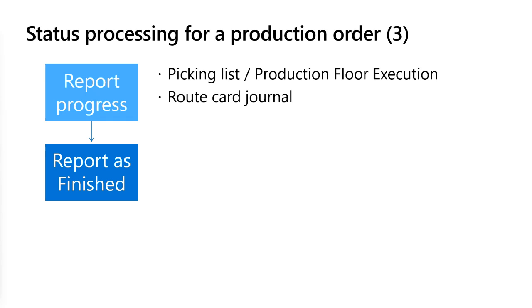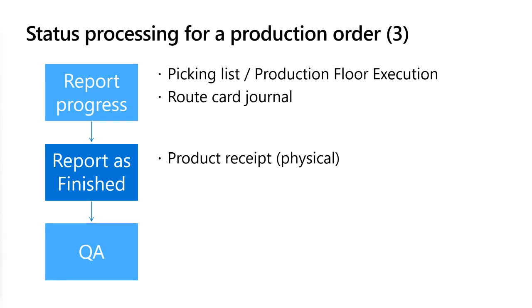The next step in the production flow is potentially a report as finished. This is the production receipt that is then posted physically. So the item becomes available in the stock and you can physically move the items, for instance, to do quality assurance, or if no final quality assurance is required, then already deliver the product.